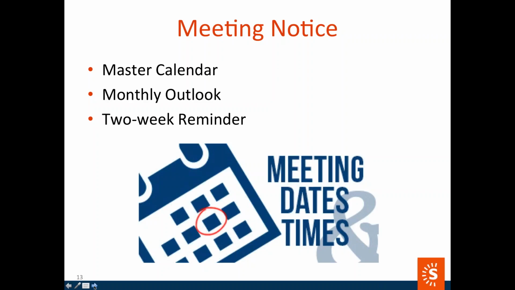But think, is there a way that I can generate that master calendar electronically? Is there a way I can generate that monthly calendar, perhaps off of your Outlook calendar, or having a separate calendar specifically for your medical staff services department? So are there ways that you can incorporate technologies into that meeting notice process?